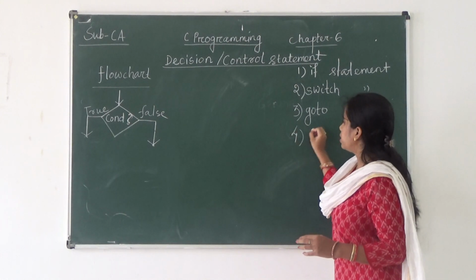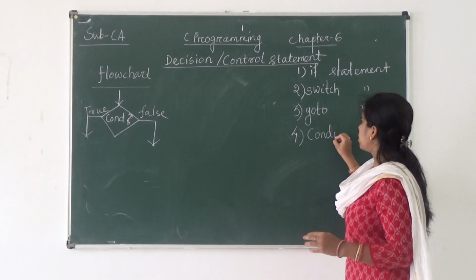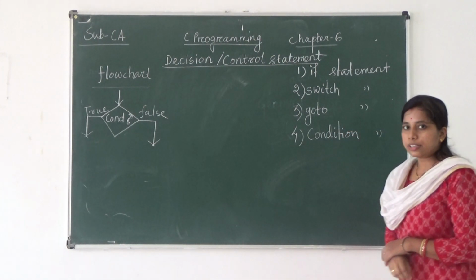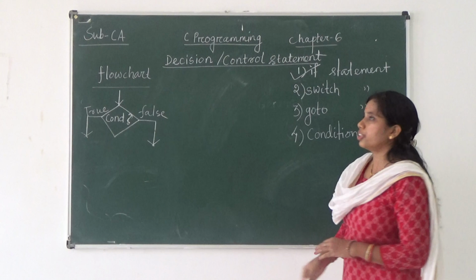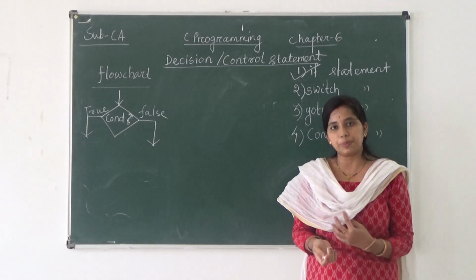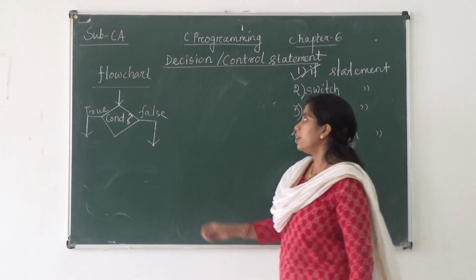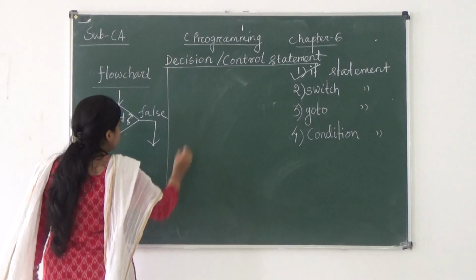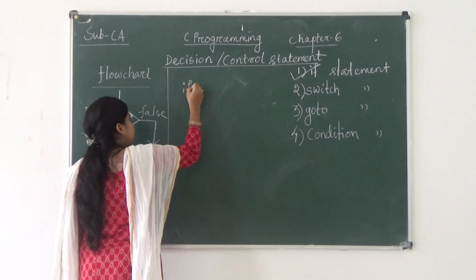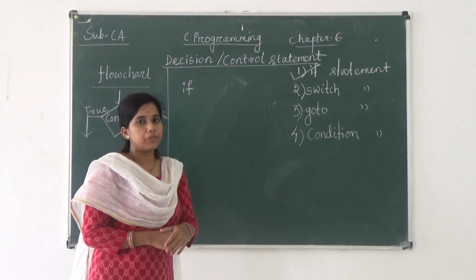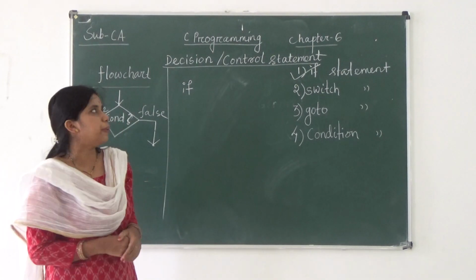Number four is conditional operator statement or conditional statement. In this class, we are going to start the discussion about the first one, that is if statement. As the name is if statement, here we are going to use the keyword if. Okay, and it is included in your list of keywords which is already given to you earlier.